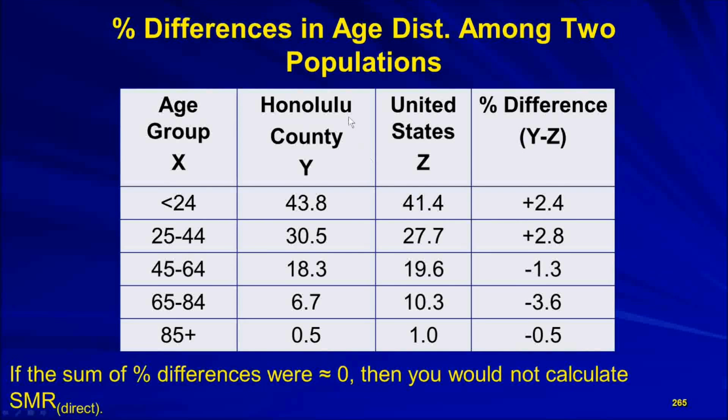So what we've got is Honolulu County, the United States, and a percentage for each age-specific group, and we notice that there are more younger people in the 24 and under group by plus 2.4. Now we notice for the 25 to 44 group that we have more younger people in that group by 2.28.